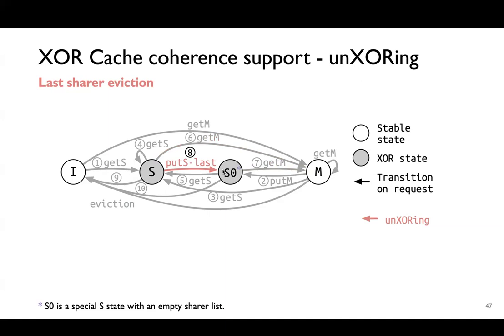This case corresponds to transition 8 on the last PutS request. And lastly, we need to un-XOR when one or both of them are evicted. This is related to transitions 9 and 10. I won't be able to cover the implementation of un-XORing and its implication on deadlock freedom, but all the details are in our paper.